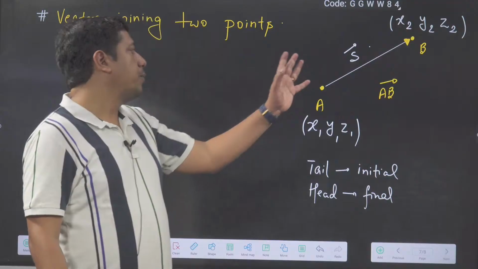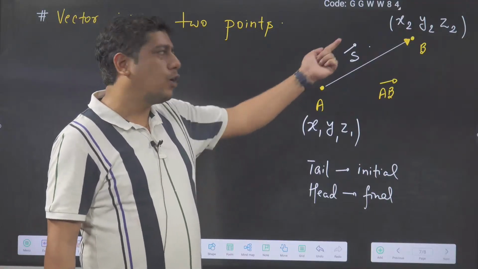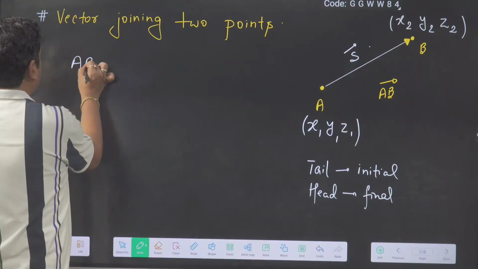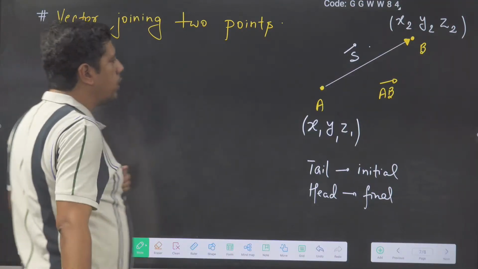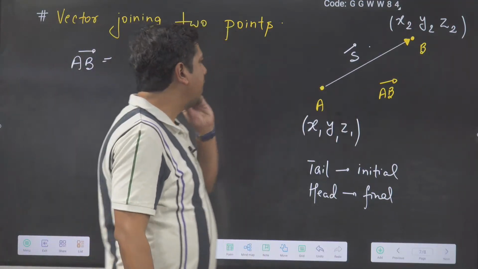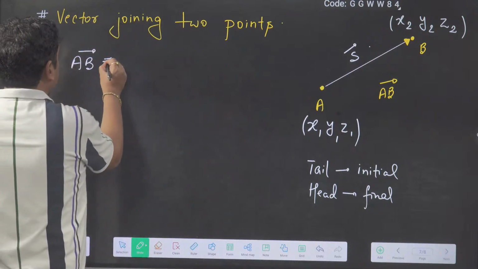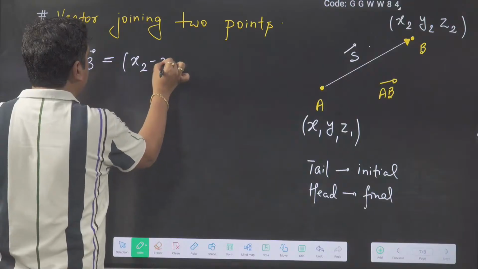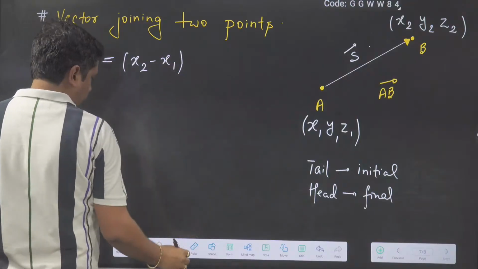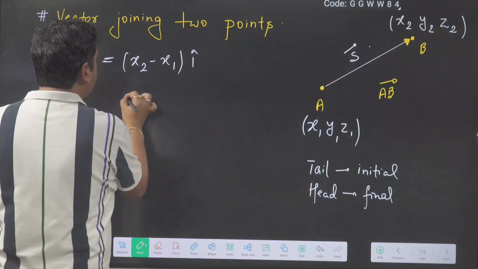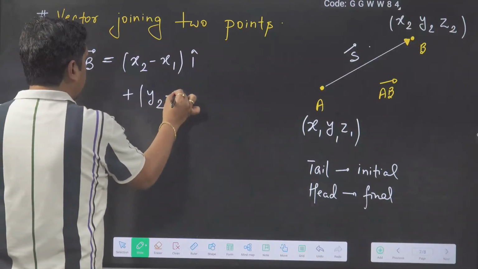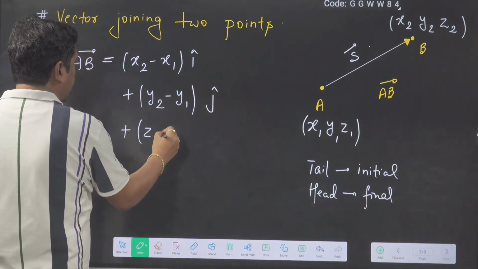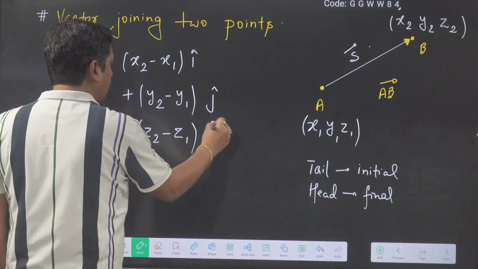A to B, not B to A. Then this AB vector, if you know the x, y and z coordinates, you can write final minus initial: x2 minus x1 i cap plus y2 minus y1 j cap plus z2 minus z1 k cap.